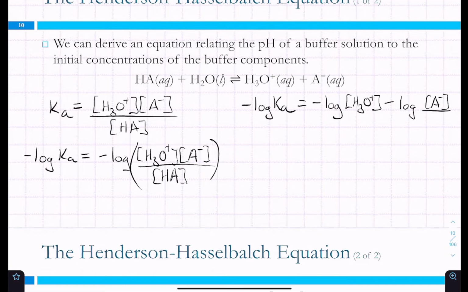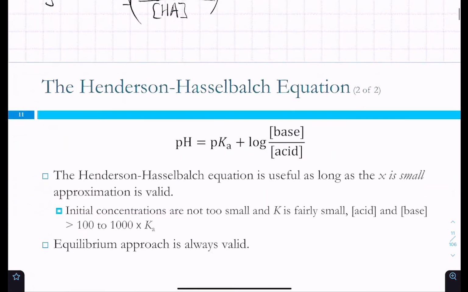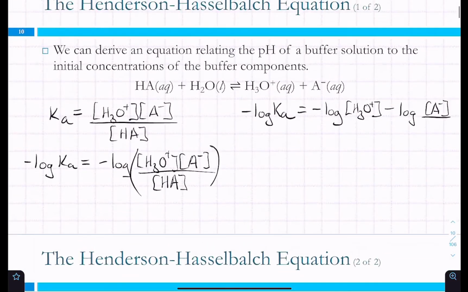Wait, I did this slightly different when I did it earlier, because we need to end up with, I think this is plus. No, it is negative. Okay. This is going to be plus the log of the base over the acid. And I have negative log. I'm pretty sure we have to distribute this. So let's just keep going with this for now.